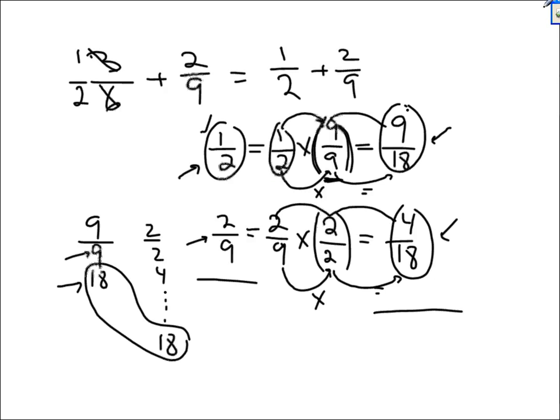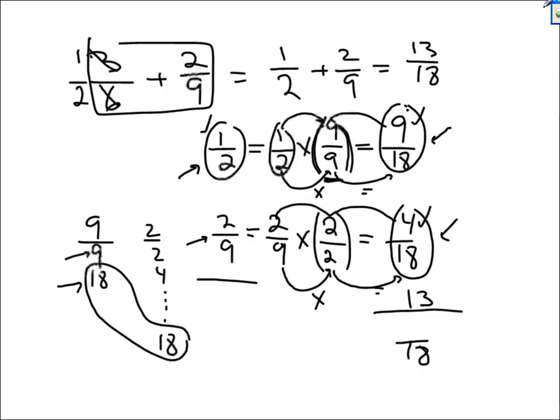And when I add them, the denominators are the same by design. And I add the tops. 9 plus 4, 13. The answer is 13 over 18. 3 over 6 plus 2 over 9 is 13 over 18. And you should always make sure you can't reduce.